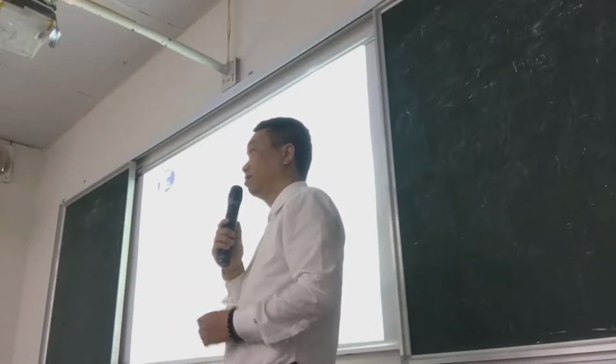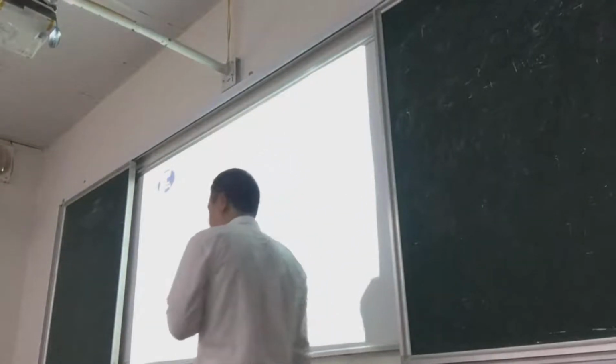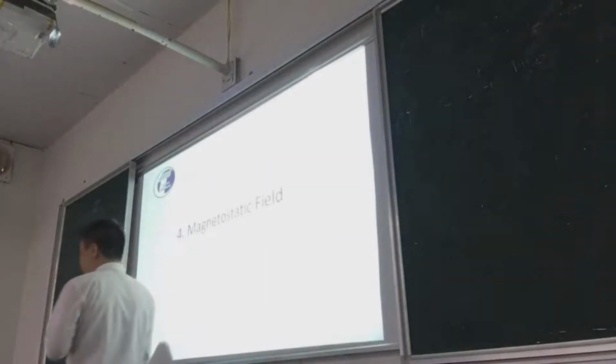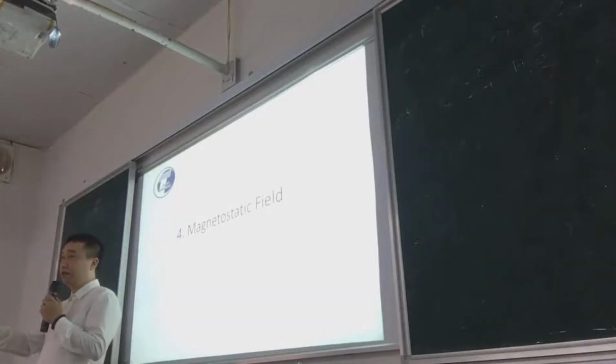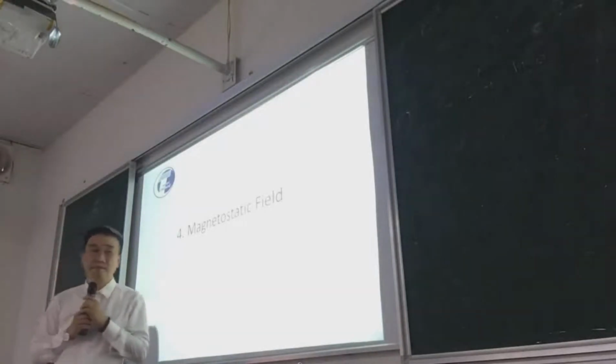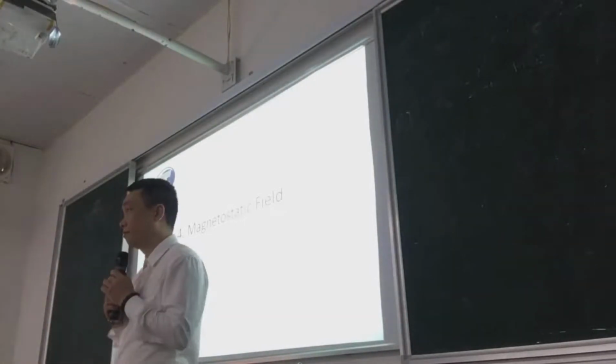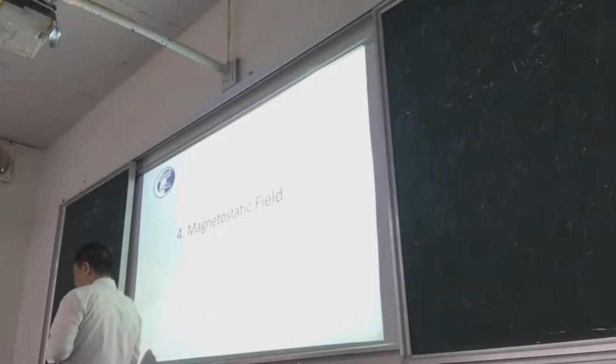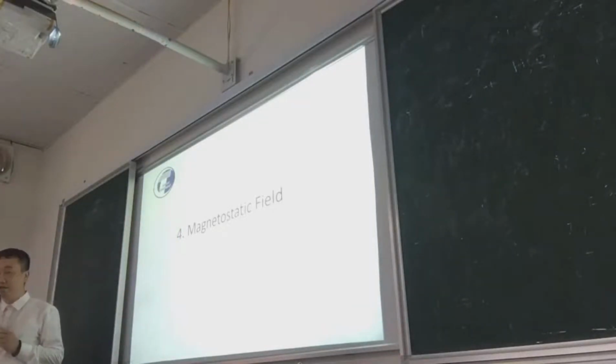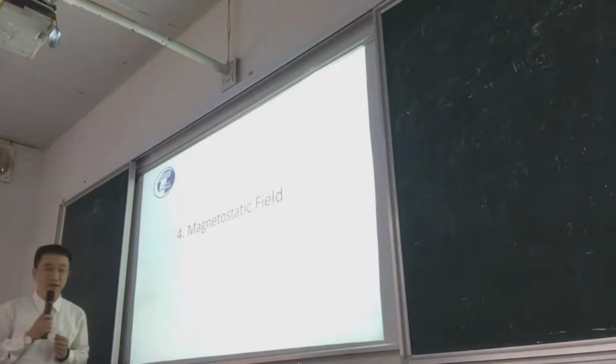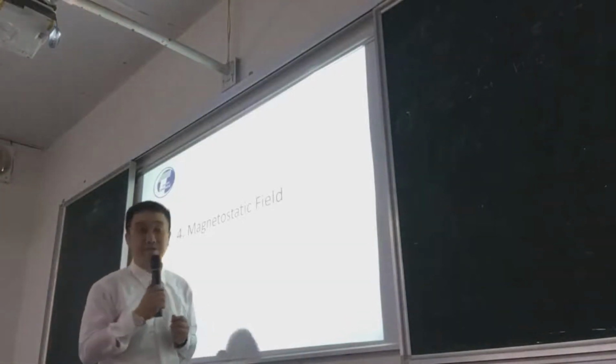Okay. So we have the magnetic field, we have the electric field, and when we combine electric and magnetic fields together, we have the electromagnetic field. And that's why our course is about electromagnetic engineering.